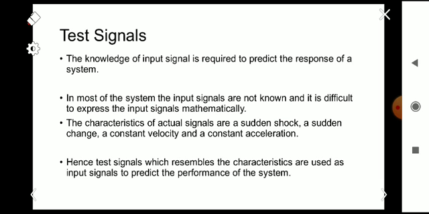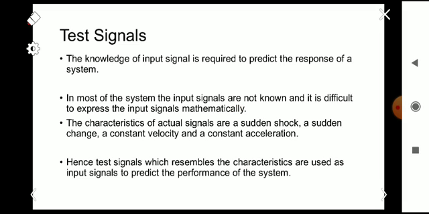Next we are moving to the test signals. What are the standard test signals we are using in control systems? Actually the knowledge of the input signal is required to predict the response of a system. Based on the input we are giving to a system, the output changes. In most of the systems the input signals are not known ahead of time, and it is also difficult to express the input signals mathematically by simple equations.